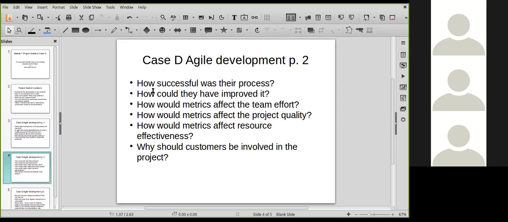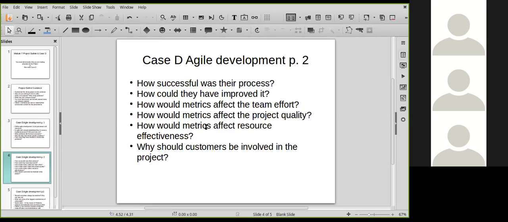Also, how well did they do? What could they have done to deliver a better product, an easier product, a more quickly developed process, a less resource-intensive one? And then we talk about metrics the last several weeks. Measuring things will always have an effect.